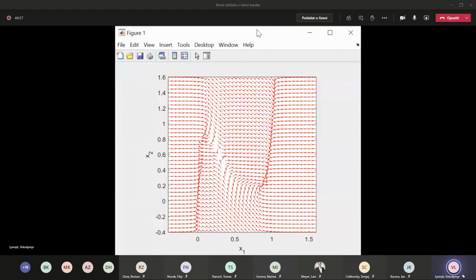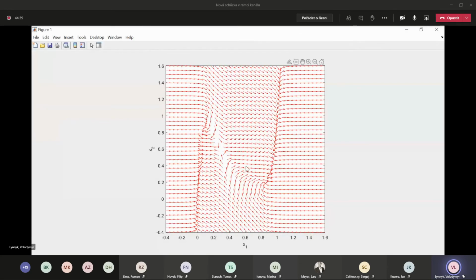Okay, here you can see in figure 1 the vector field of the tunnel diode circuit from the example. This equilibrium point is q3, a stable node.